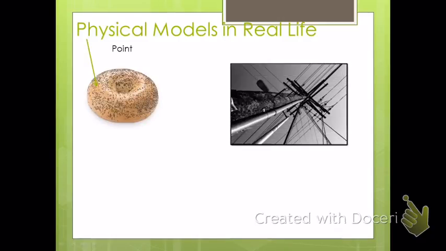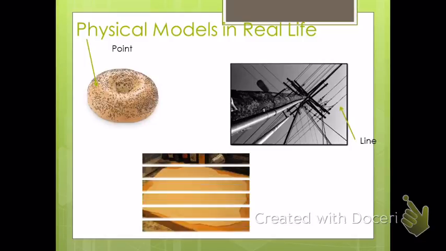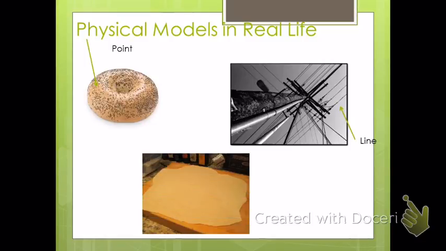What about each one of those little seeds? Point. A line. You might even say line segment since we can't see the entire wire there. What about the dough? A plane.